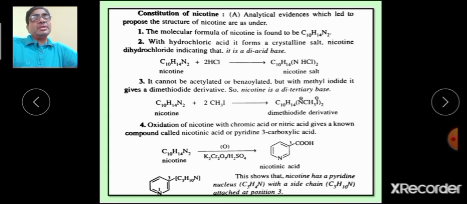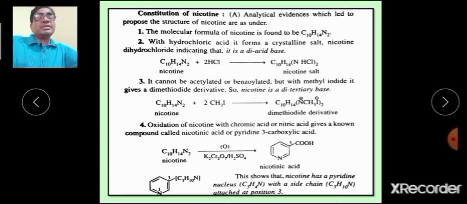This is a pyridine nucleus, and at the 3 position, or beta position to the nitrogen atom, the carboxylic group is present. This product, nicotinic acid, indicates that nicotine has a pyridine-like nucleus with the structure C5H4N.